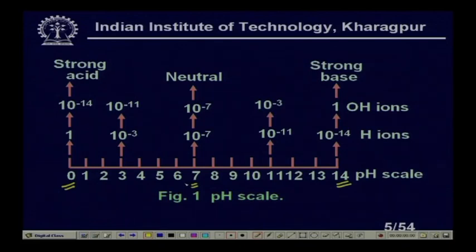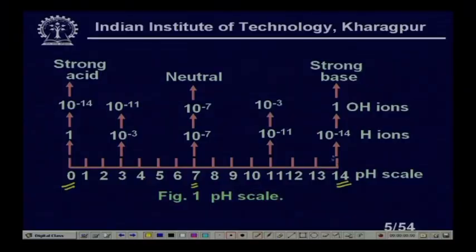As I told you, distilled water is neutral, while strong acids like inorganic acids will have a pH very close to 0. Similarly, alkalis like sodium hydroxide and other such solutions will give you a very strong base. And as I told you, distilled water should have a pH of 7.